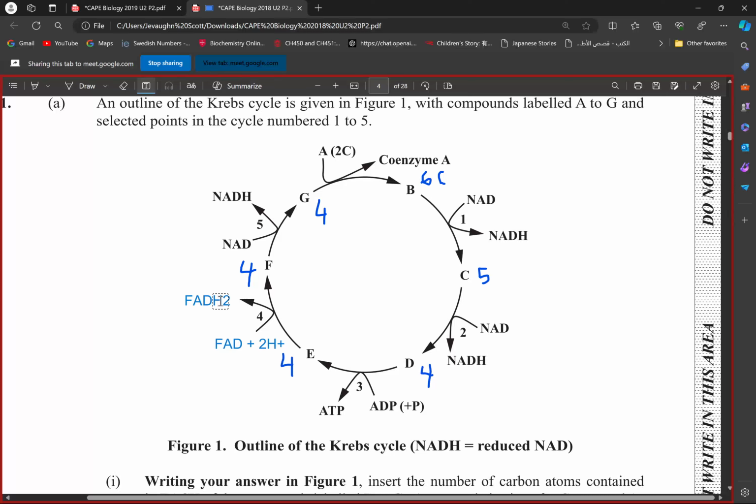Explain the two main roles of the Krebs cycle.